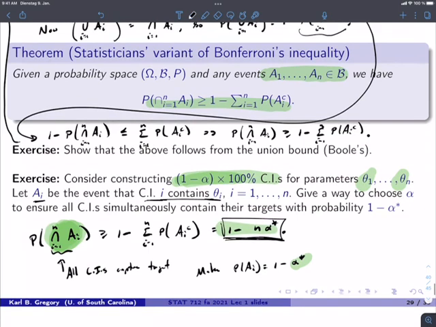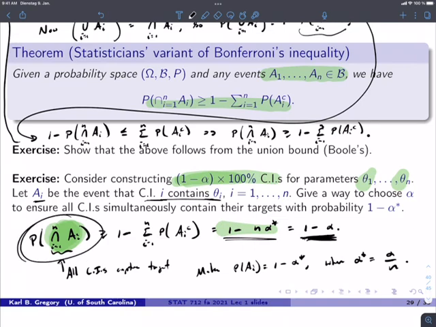And what they can do is set this alpha I, where alpha star is equal to alpha divided by n. And so if you do that, you're guaranteed with probability at least 1 minus alpha, all of your confidence intervals will simultaneously cover.